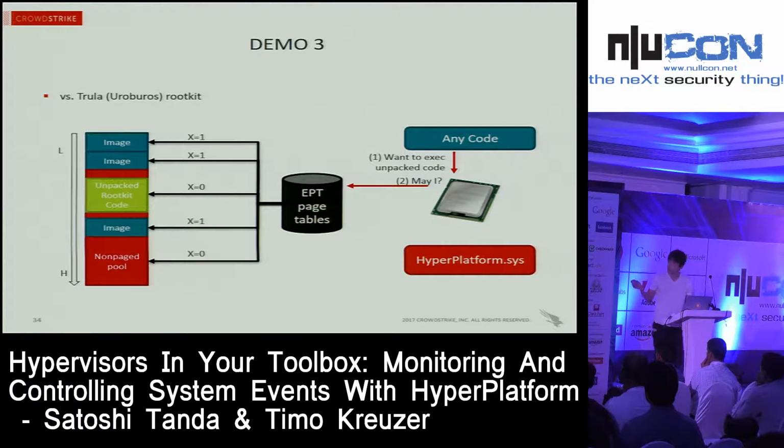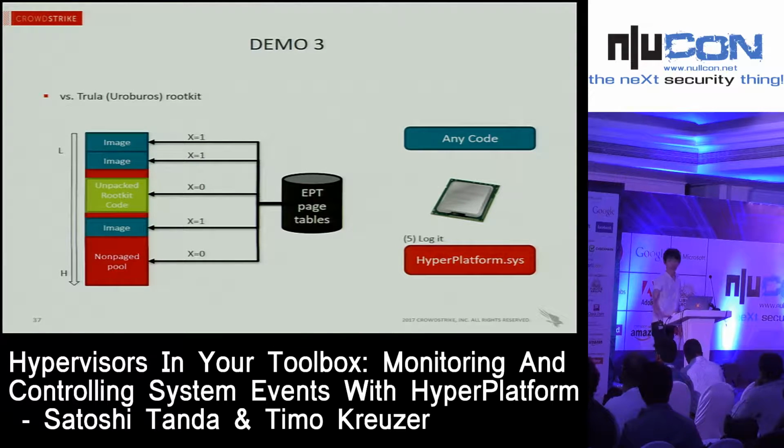then the processor consults the EPT page tables, and because this is non-executable, it triggers an EPT violation. And then we are going to log who executed or tried to execute the non-paged pool.